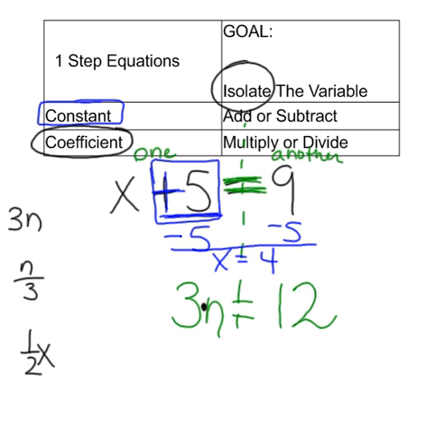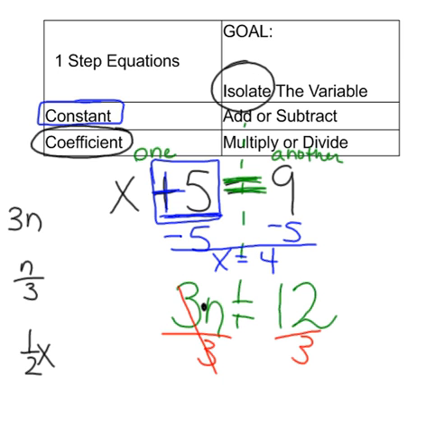I like to call it the COE. Alright, so to get rid of the COE, or the coefficient, you have to do the inverse operation of what they give you. So in this case, I would divide by 3 on both sides.